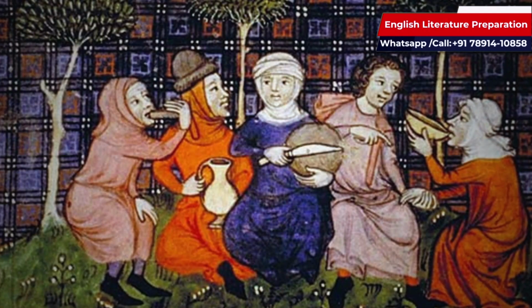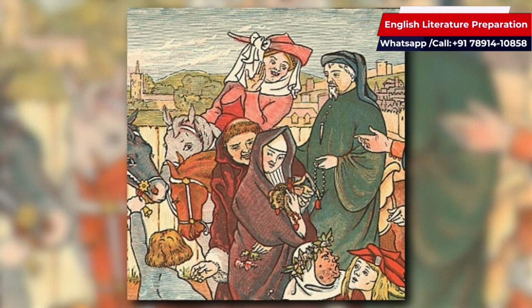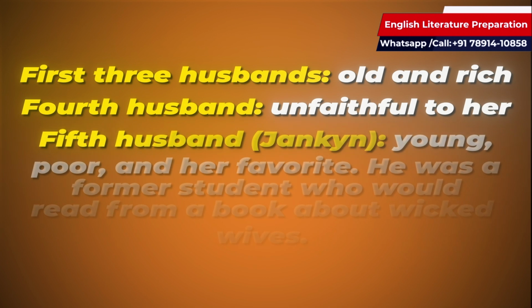She likes to share her strong opinions about marriage and women's rights. She tells everyone that it's fine to marry many times, even though some religious people will disagree. You can marry as many times as you want. It's your choice. She herself was married 5 times. The first 3 husbands were old and rich.